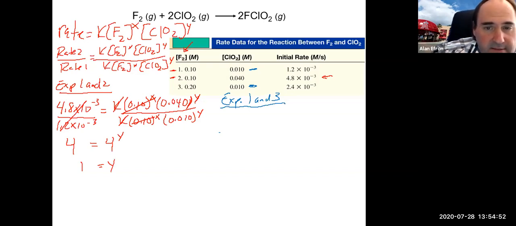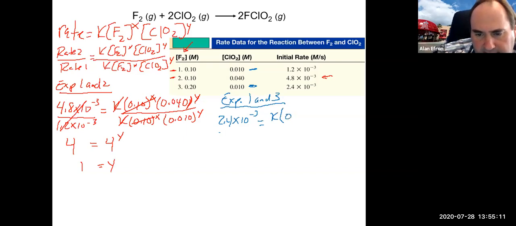Looking at the rates, I see that the third entry has the larger rate, so I'm going to put all the information for number 3 up on top. That's going to give me 2.4 times 10 to the minus 3, equals K, and my concentration of F2 is 0.2 to the X and 0.01 to the Y. Then I'm going to put all my information from number 1 on the bottom, which should be the same as what I got on the other side.